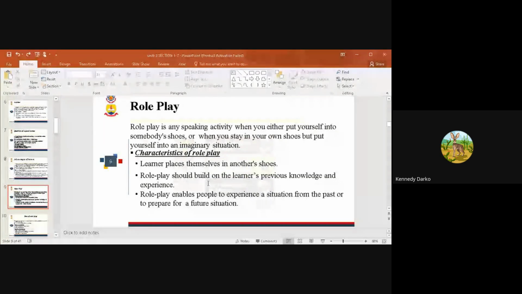It also enables people to experience a situation from the past or to prepare for a future situation. So role play will help you prepare yourself for future situations based on what you experienced in the past.